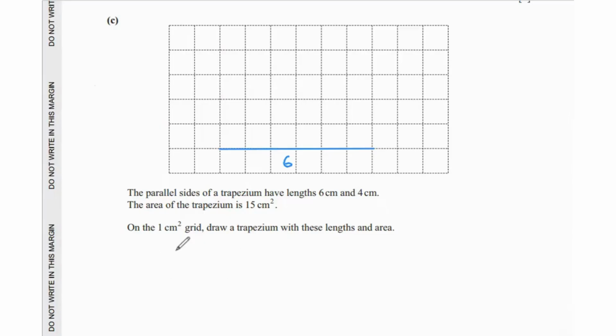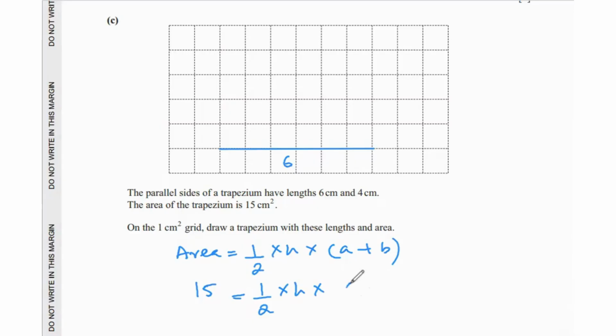So if this is 6, your formula for the area of a trapezium is 1 over 2 times height times the sum of parallel sides. So if area is 15, we don't know the height, but we know the parallel sides, which are 4 and 6. We can easily find the height.